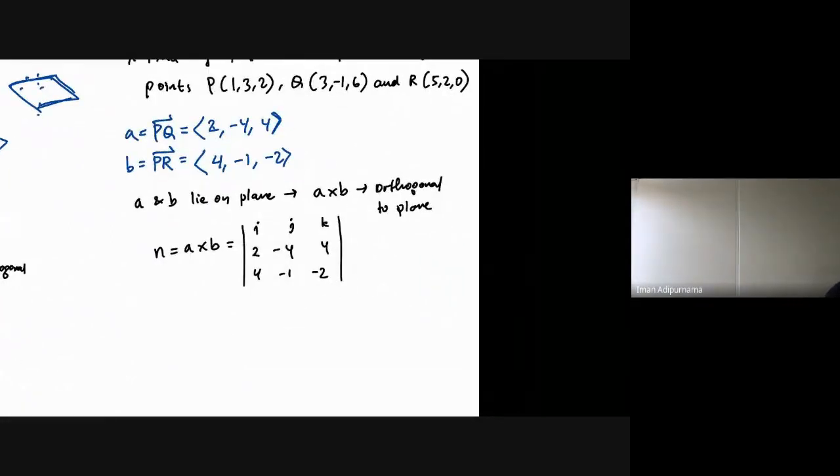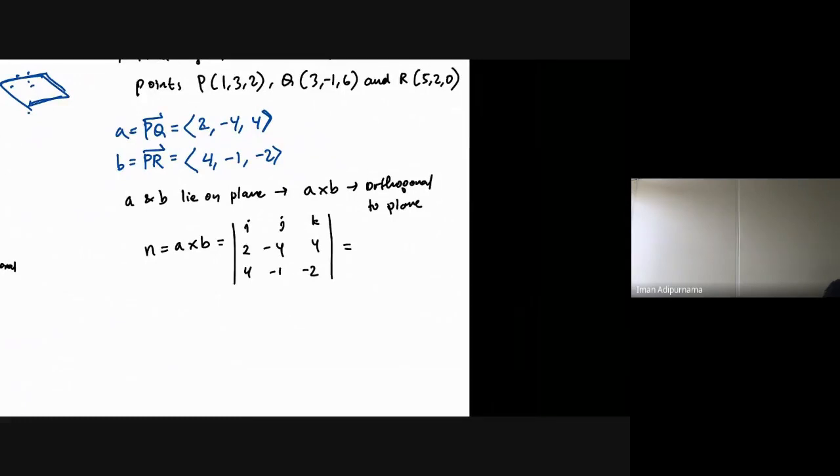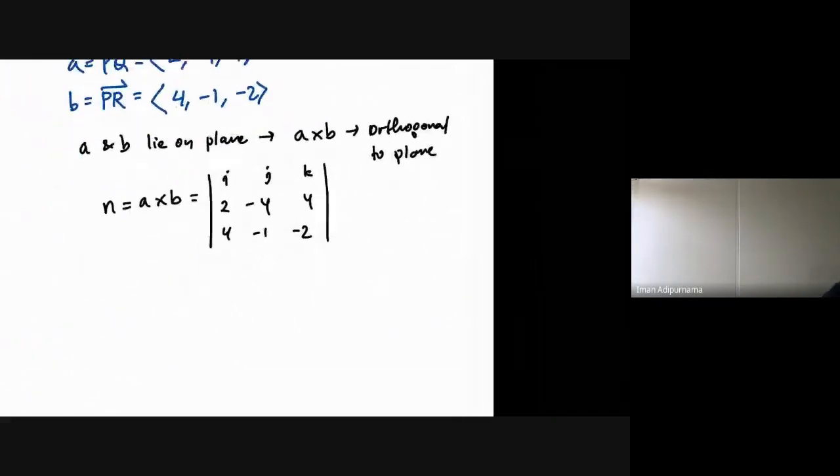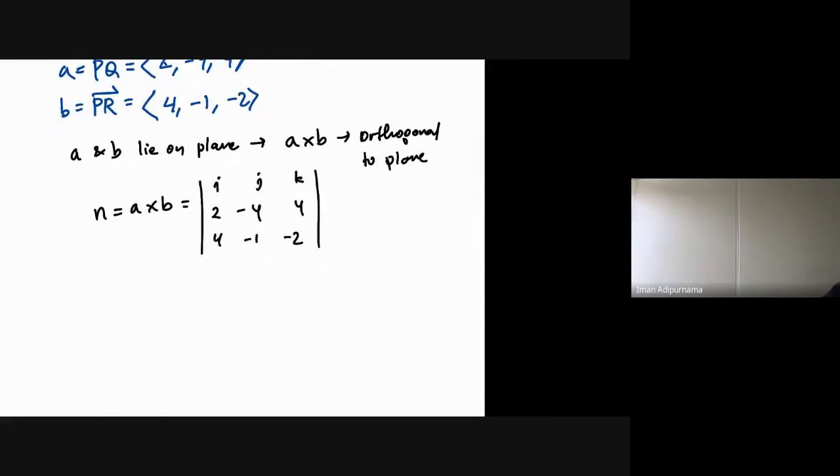And then you can multiply this and find the results. I'm not sure whether you are familiar with this, but you can add another row with i, j, k, and then 2, 4, 4, -1. And then you multiply this, plus this, and minus this.